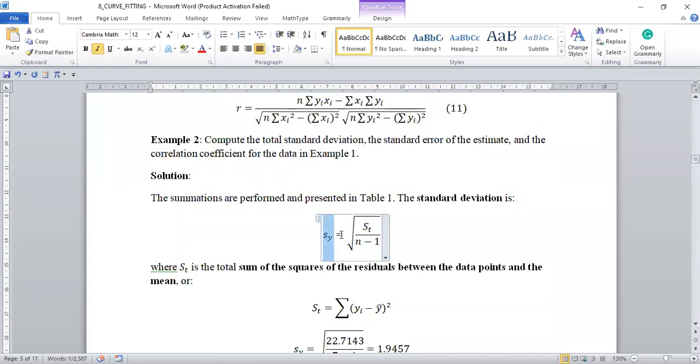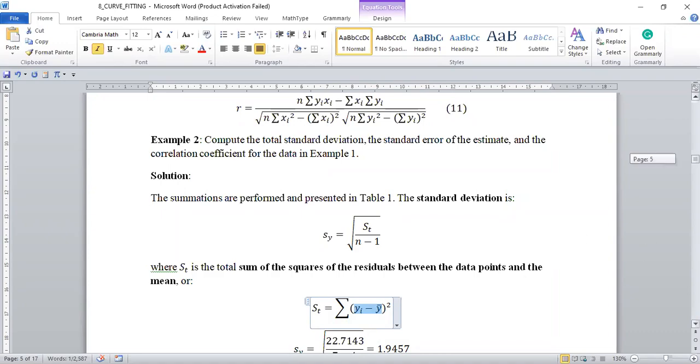The standard deviation is given by this, where this is the sum of the squared differences between the measured y and the y mean. So we need this particular equation: yi minus y.